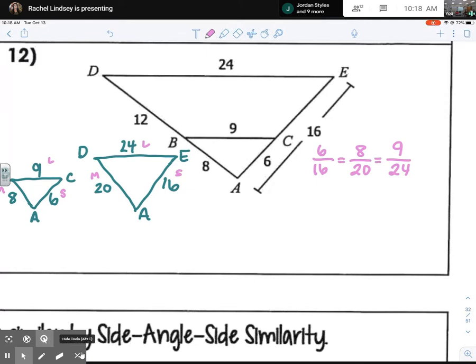So what does 6/16 reduce to? 3/8. What's 8/20 reduced to? 2/5. So right there, we know that they're not similar. If they were, all three sets would be the same. If you did 9/24, it will give you 3/8. But since this middle one's not the same, they are not similar.